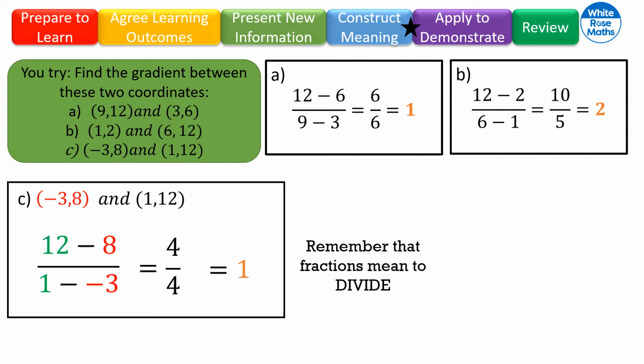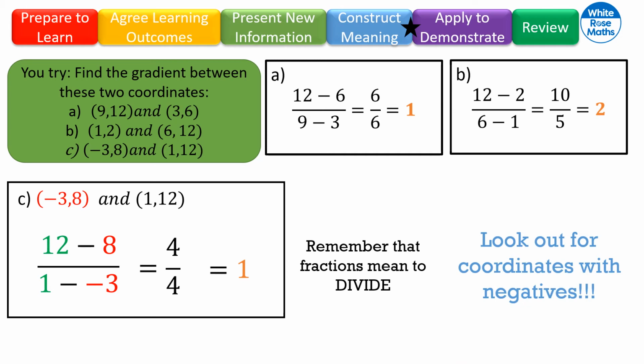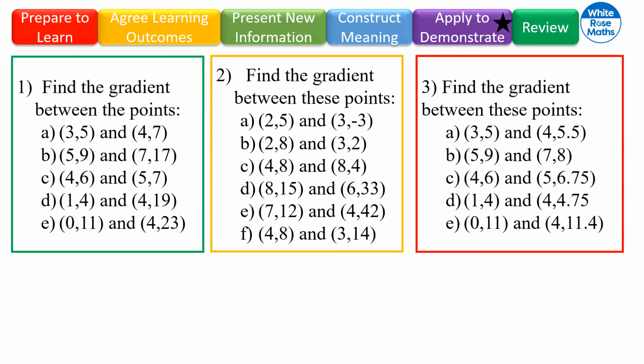Now hopefully you had a go at that, and if you didn't get it right, it doesn't matter. We're going to keep practicing until we get really, really used to this method. So make sure you're watching out for those coordinates with negatives, because they will be the ones that are more challenging and more tricky, and we're more likely to make mistakes on. So pause the video. This is your next task.